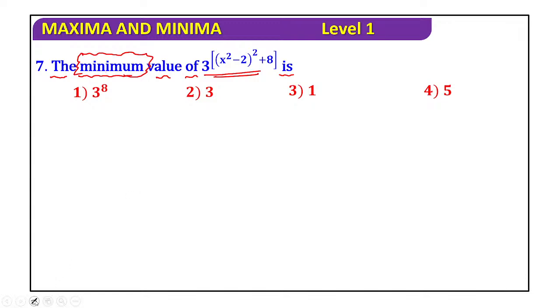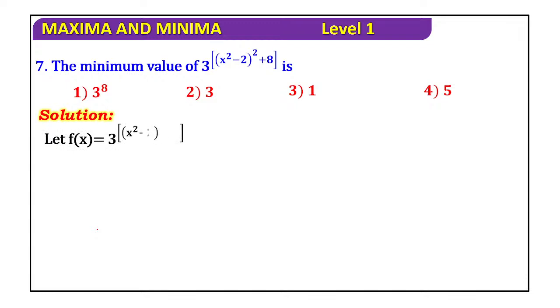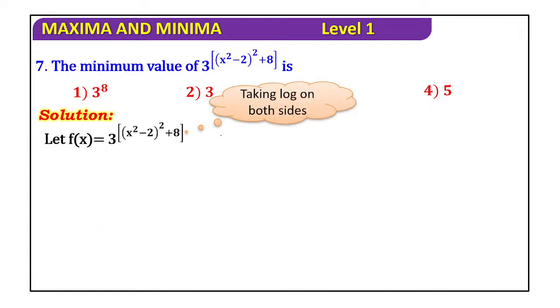The minimum value of the given function means you have to calculate f dash of x and f double dash of x, then simplify. So for that, take f of x and differentiate it. Before differentiating, take log on both sides because this is an exponential function.